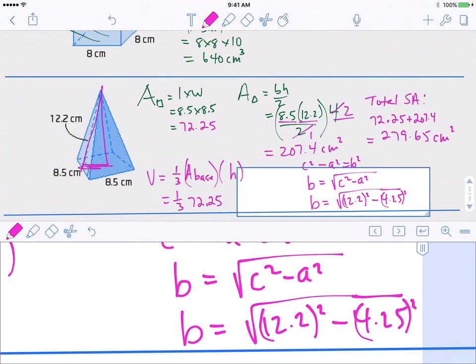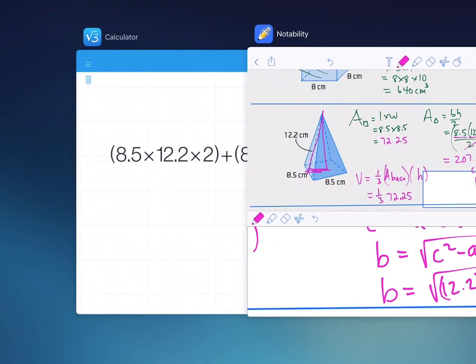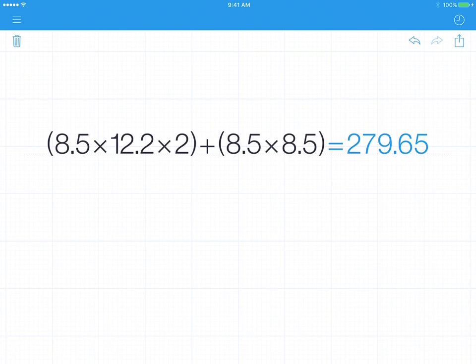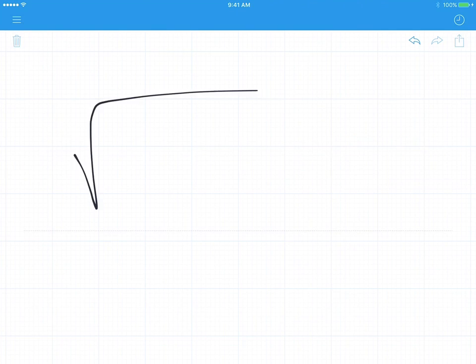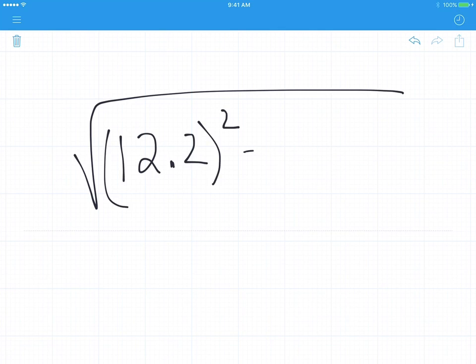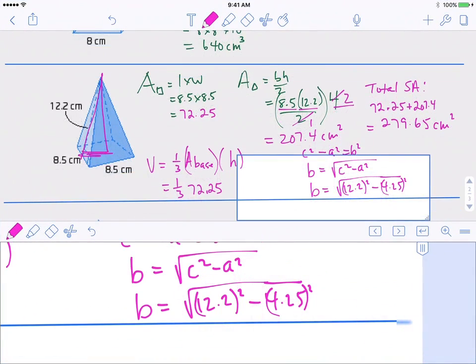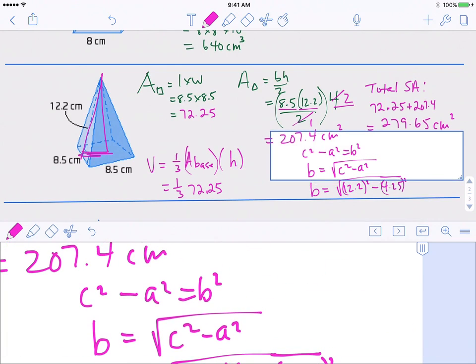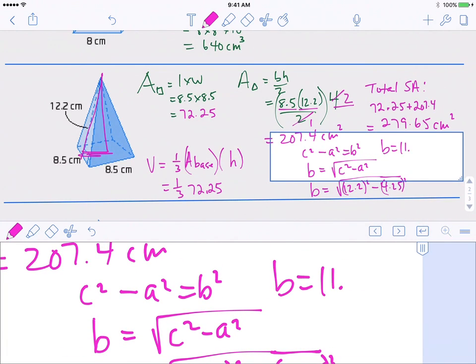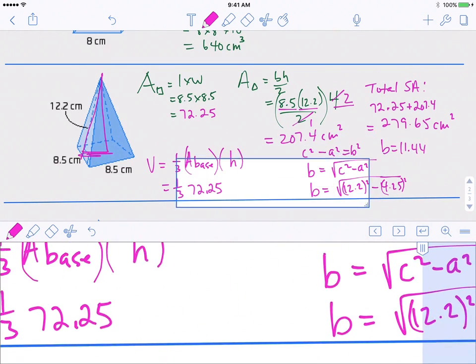And we can use our calculator to do a lot of the work for us. That's the square root of 12.2 squared minus 4.25 squared. That's 11.4, we'll round it to 11.44. So the height, or b, is 11.44, and then we're going to use that right here.